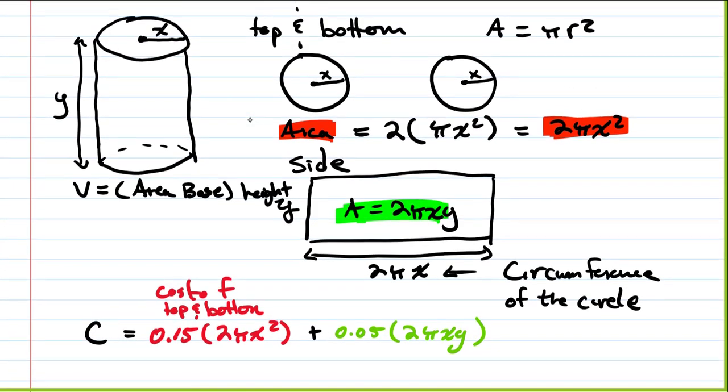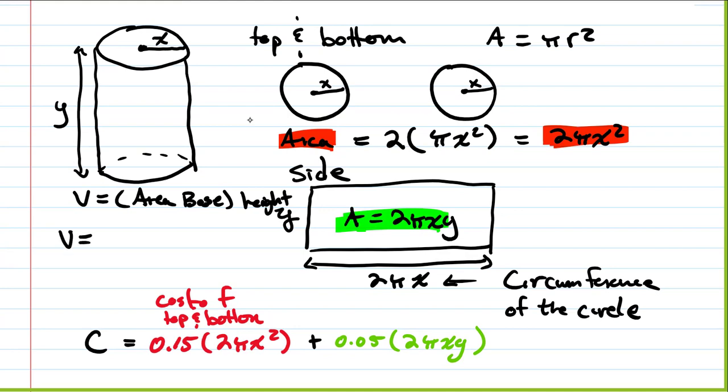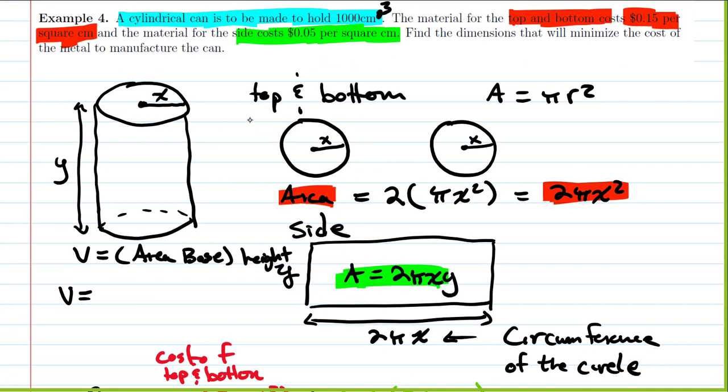So what's our area formula for a circle? It's pi r squared in this case, but our radius is x. So it's going to be pi times x squared times our height, which is h. So we have the area of our base, pi r squared, times our height.